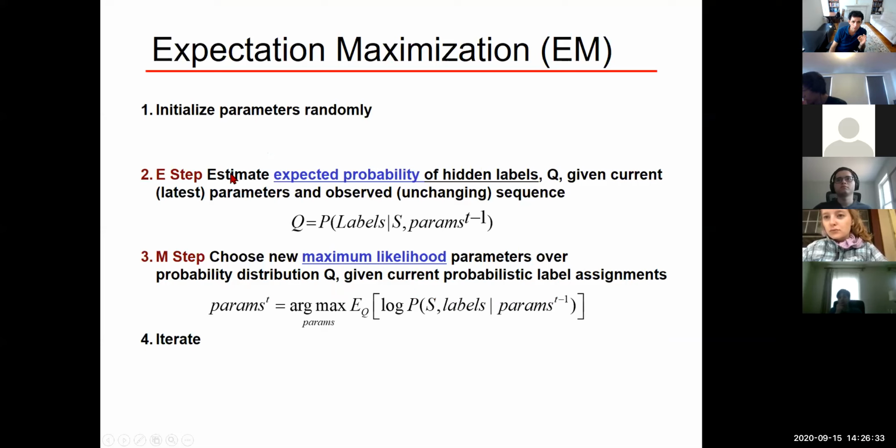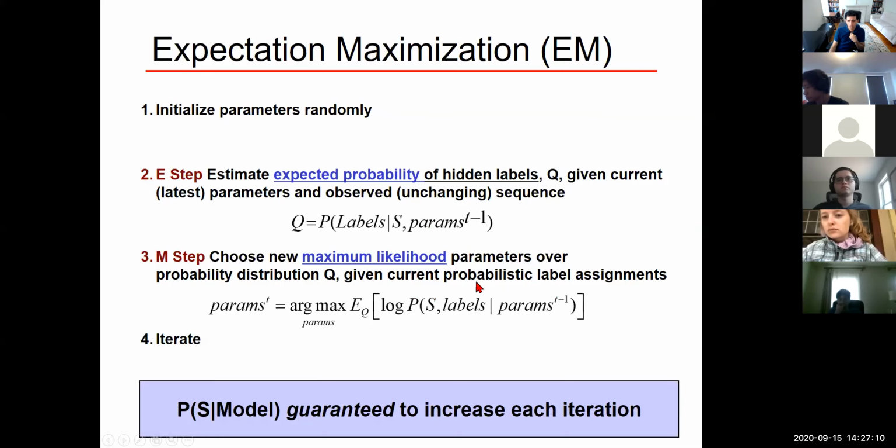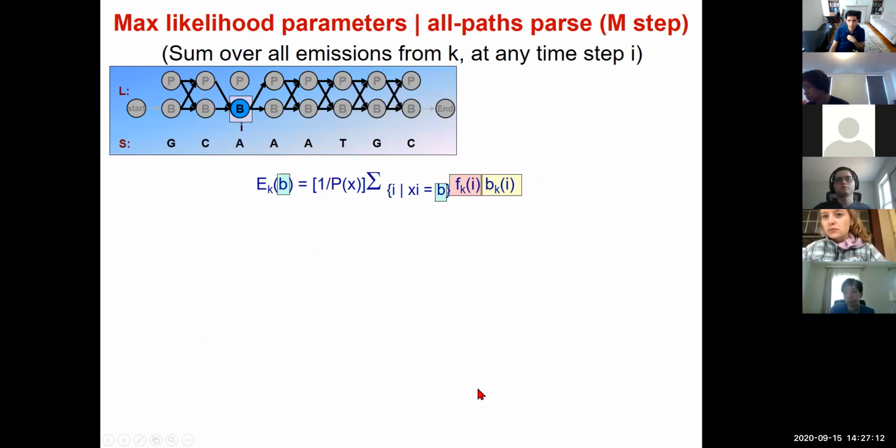So what EM does is it estimates the expected probability of the hidden labels given the current, the latest parameters, and the observed unchanging sequence. The unchanging is extremely important because it keeps guiding our parse. And then the M step is choosing new maximum likelihood parameters over the probability distribution given the current probabilistic label assignments, not deterministic, not the maximum likelihood path, but the probabilistic estimate of all of the paths. And that is guaranteed to increase at every iteration.